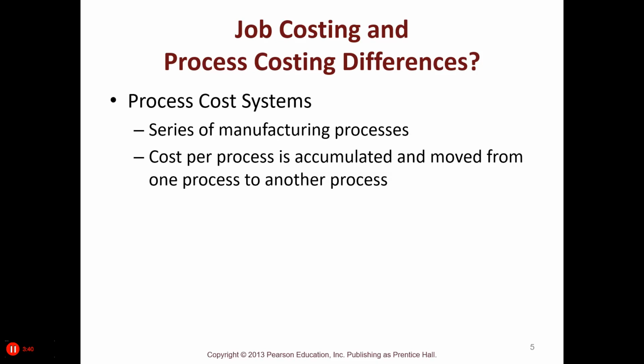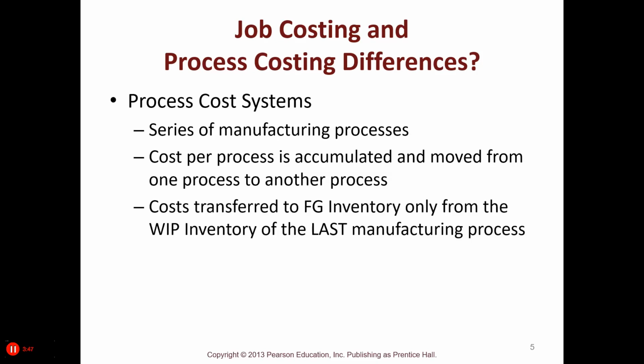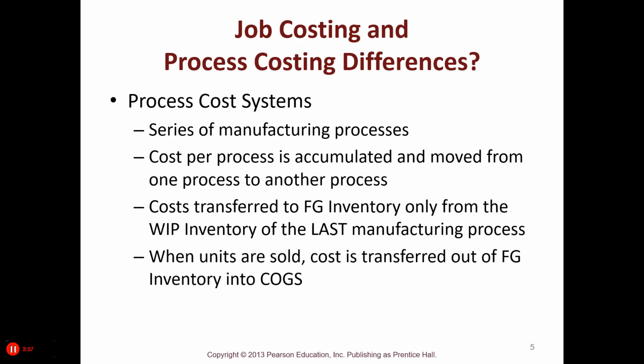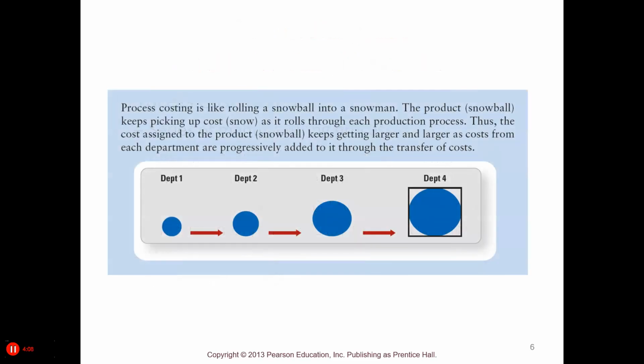So cost per process is accumulated and moved from one process to another process. The cost transferred to finished good inventory only from the work in process inventory of the last manufacturing process. When units are sold, cost is transferred out of finished goods inventory into cost of goods sold. Now, this is another good analogy that I like, is process costing is like a snowball.